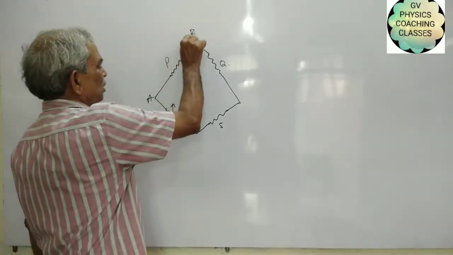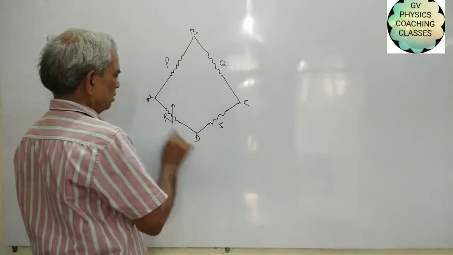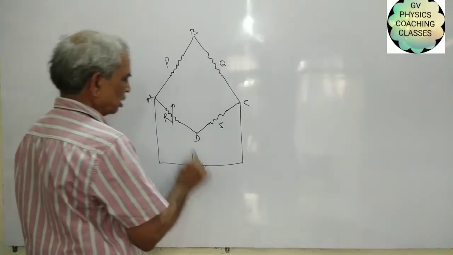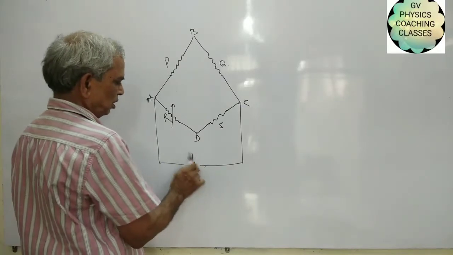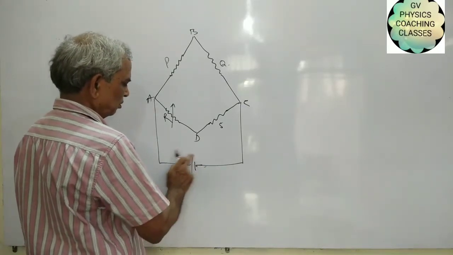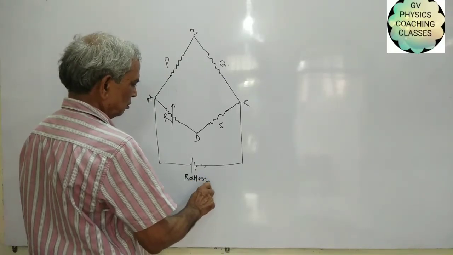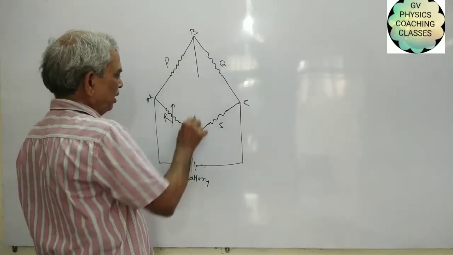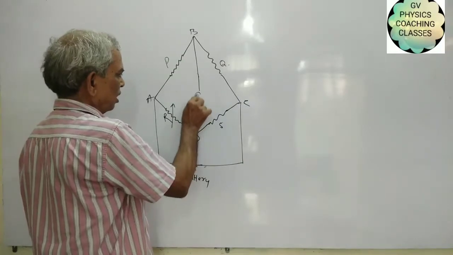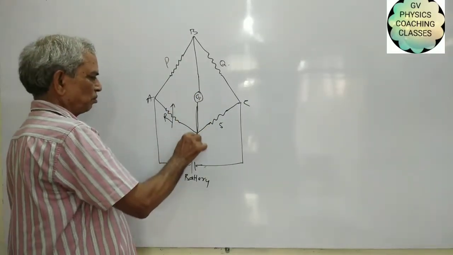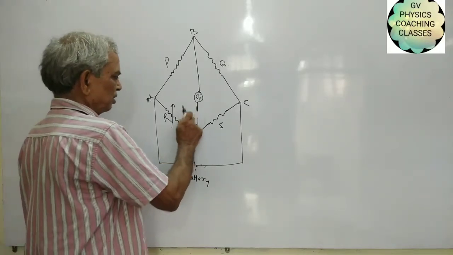A, B, C and D. A and C are connected to a battery, and B and D are connected through a galvanometer and a key.